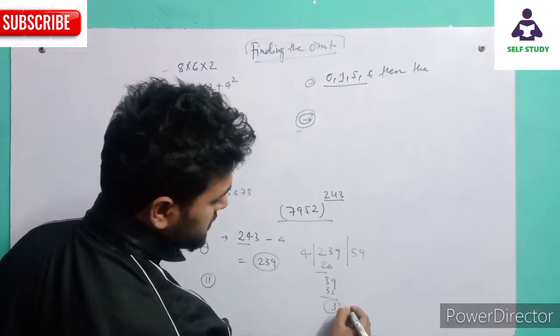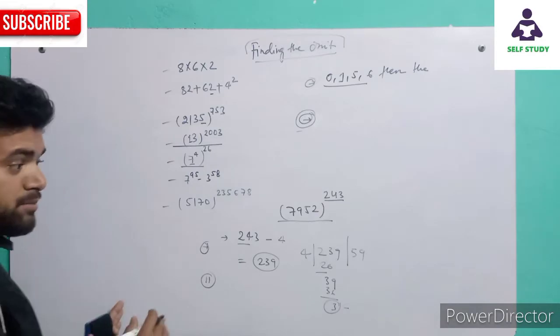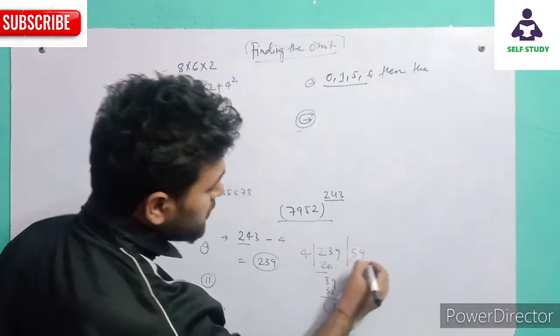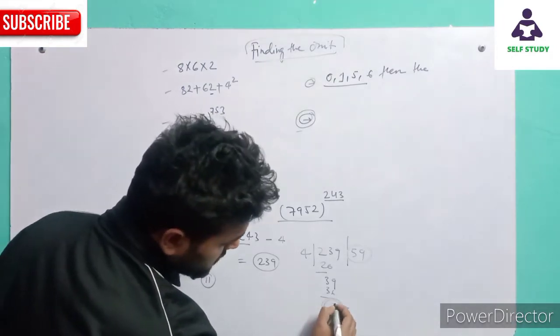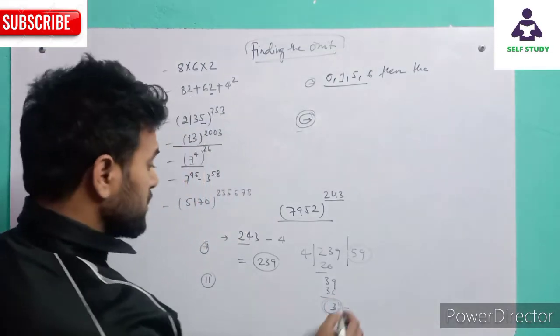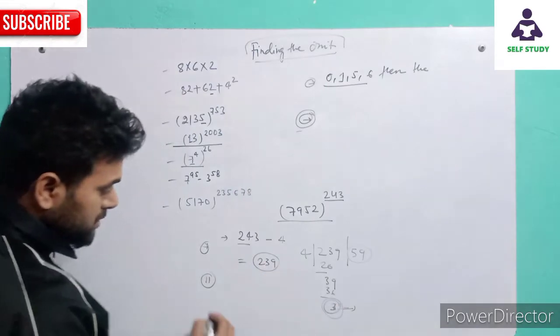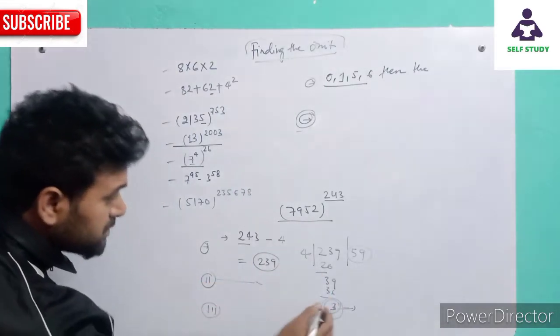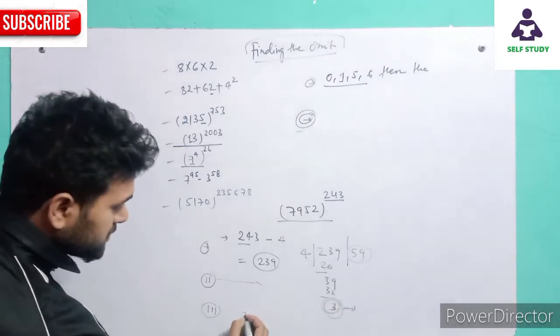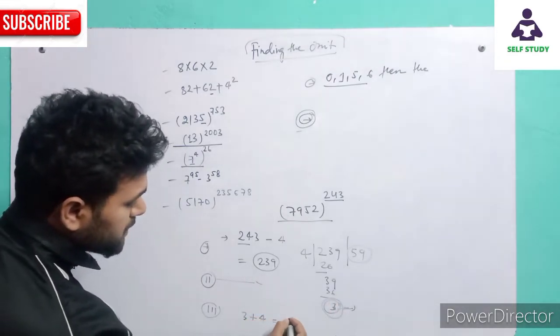We get 3 as the remainder. We do not need the quotient, we focus only on the remainder. The remainder is 3. The third step is to add 4 to the remainder: 3 plus 4 is 7.